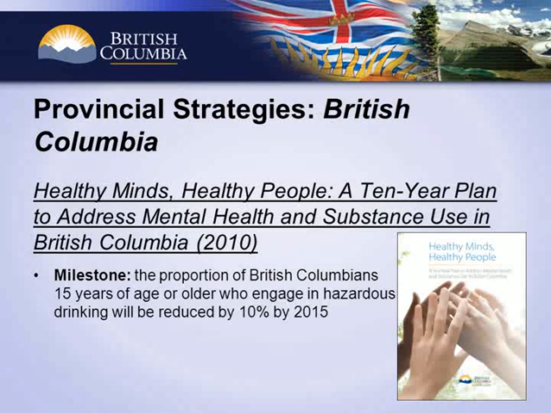This plan focuses upstream with more than half of the actions directed at prevention and health promotion, and it is designed both to improve health and to transform systems, and its third objective is to reduce costs. Milestone number 3, which I've listed on this slide, slide number 17, specifically addresses alcohol.